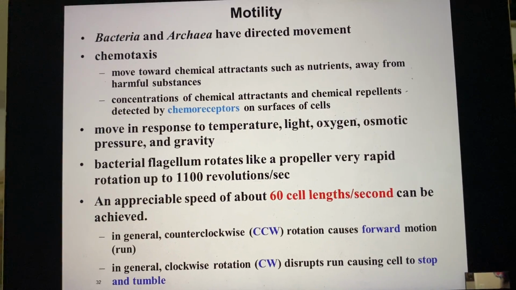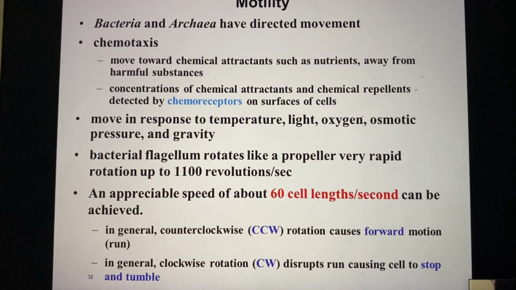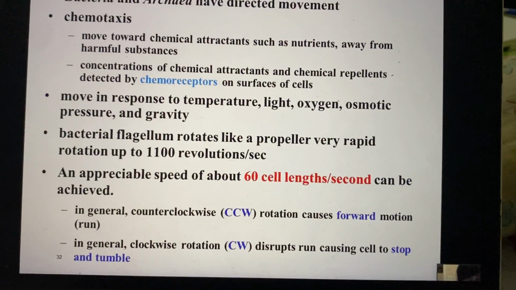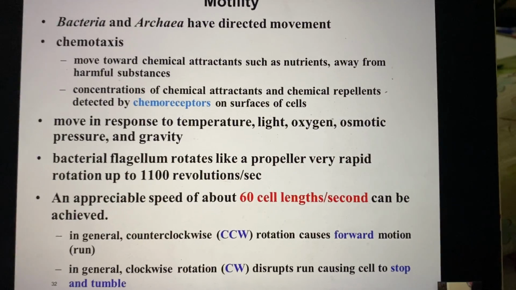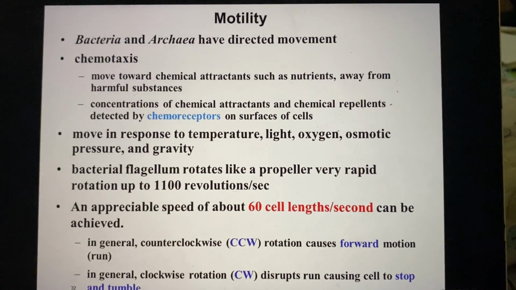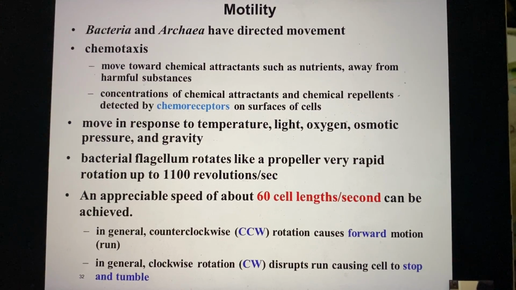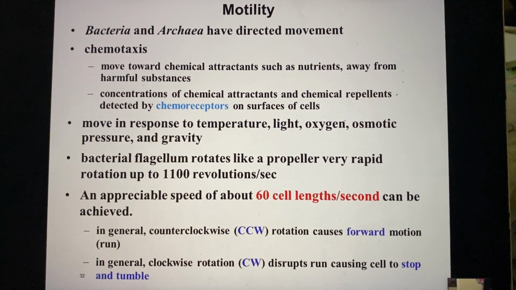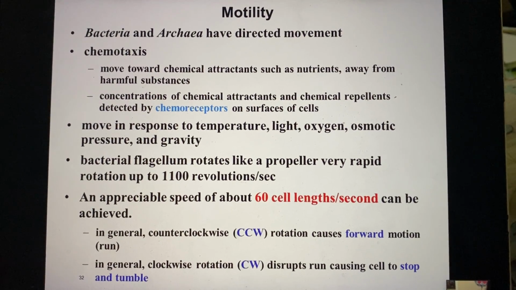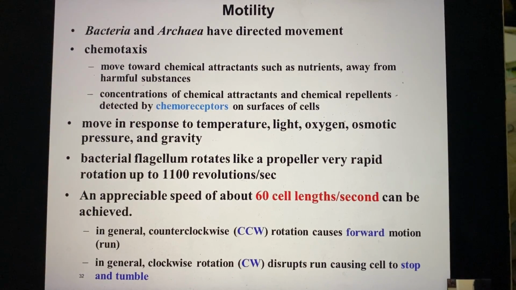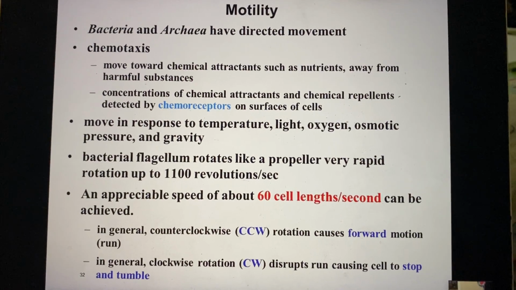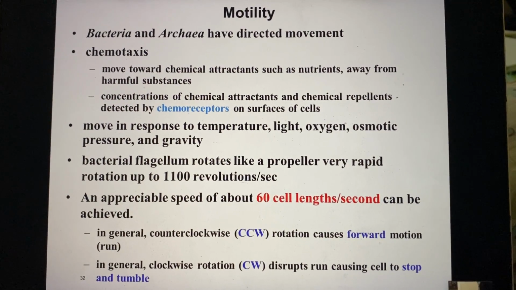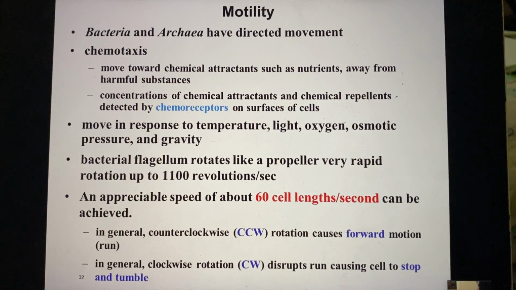And we talk a little bit about how fast the flagellum rotates to take them towards the chemical signal. You will see that the propellers that the bacterial flagellum has have a rapid rotation of up to 1,100 revolutions per second. And the most appreciable speed that you would see in some bacteria is about 60 cell lengths per second.